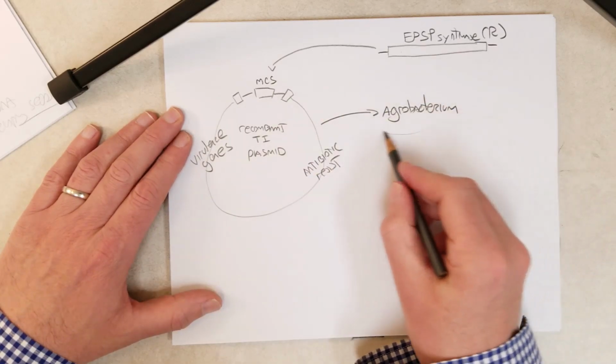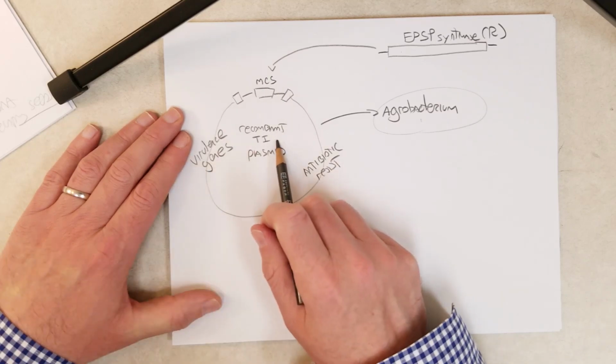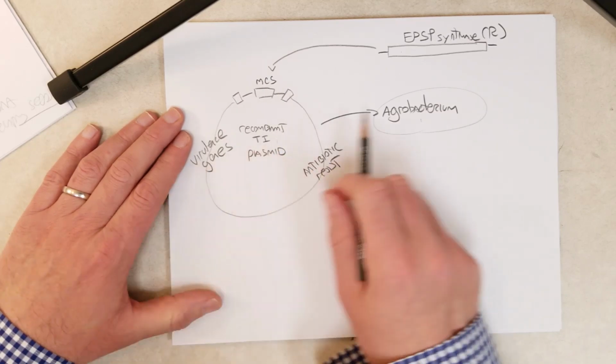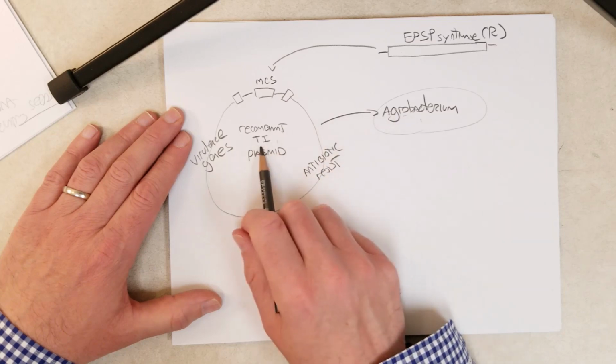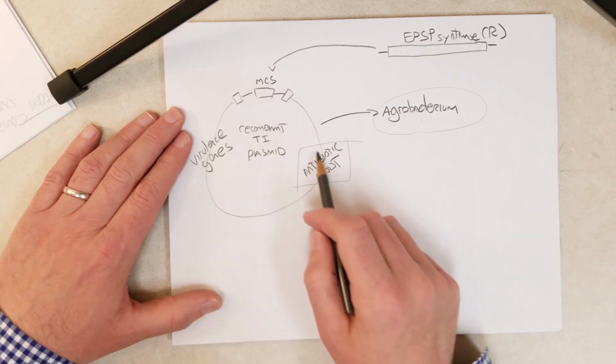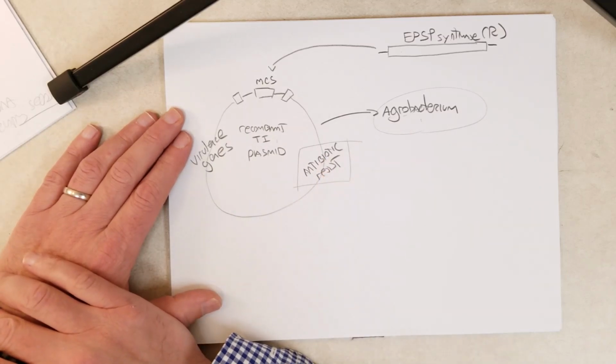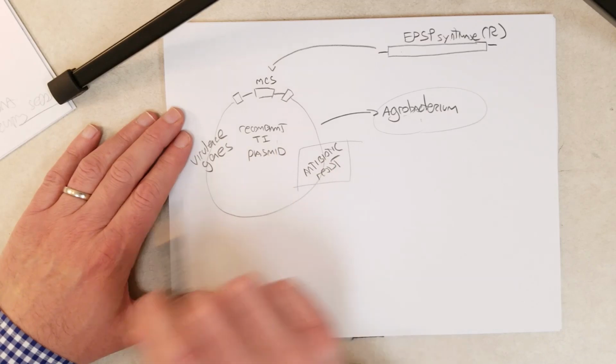And then we need to make a large culture of the Agrobacterium with the TI plasmid. And how can we know that the Agrobacterium has the TI plasmid? Well, whatever antibiotic resistance gene is here, we can add that antibiotic to the culture. So the only way the Agro can grow is if it has this recombinant plasmid.